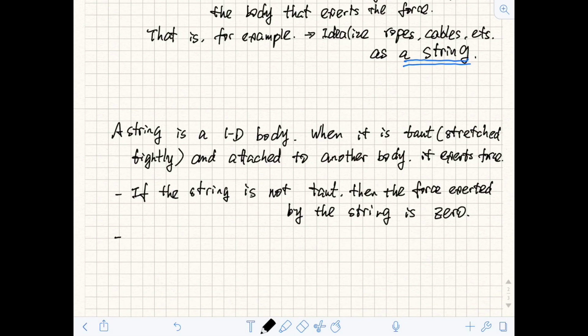And some definitions: the magnitude of the forces exerted by the string is called tension.